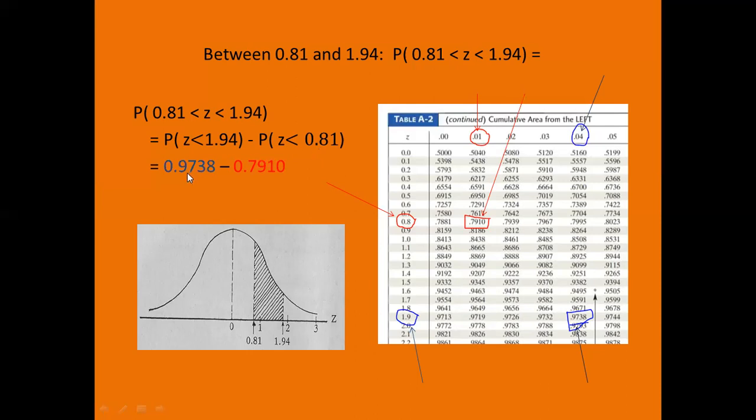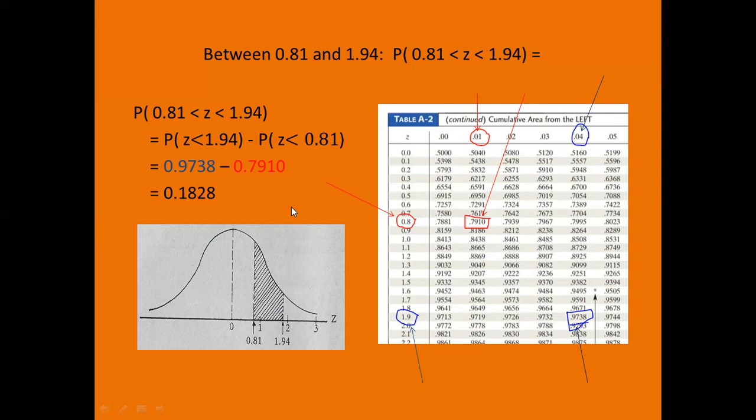So, that's 0.9738 minus 0.7910. Okay, so we have this as the area. So ang area po natin when your standard score is between 0.81 and 1.94 is 0.1828. Ayan po. So that would be this area. So 0.81, 1.94. So that's ito pong shaded region, that's the area or the probability.